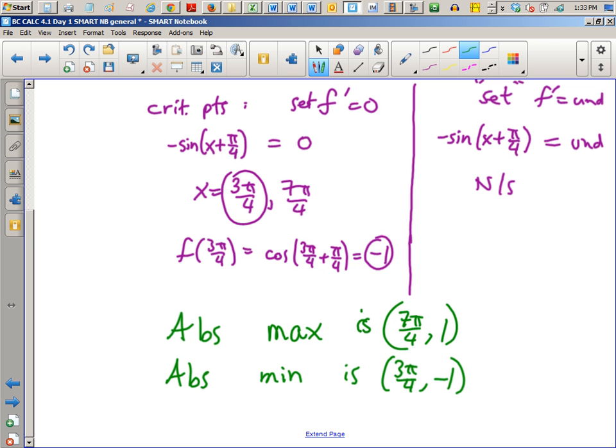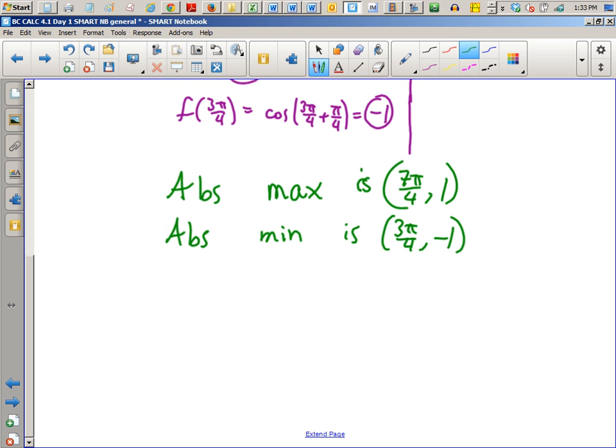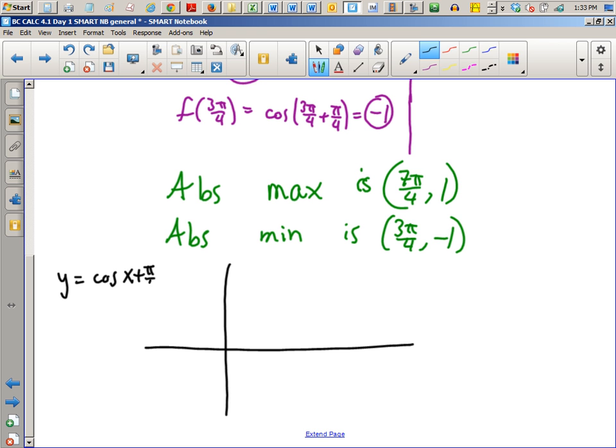But that's for Monday. That's Monday's lesson. Now, if you can see the graph for this, the whole problem is the stupidest problem in the world. Watch. It's so easy. We're talking about y equals cosine of x plus pi over 4, which is a simple cosine graph shifted to the left by basically an eighth of a period. It looks like this, guys. This is 1.